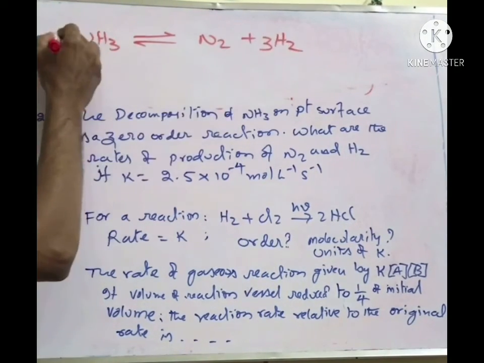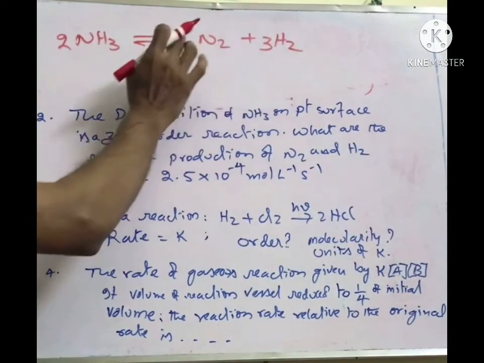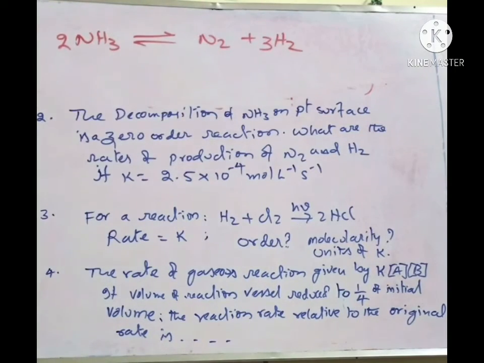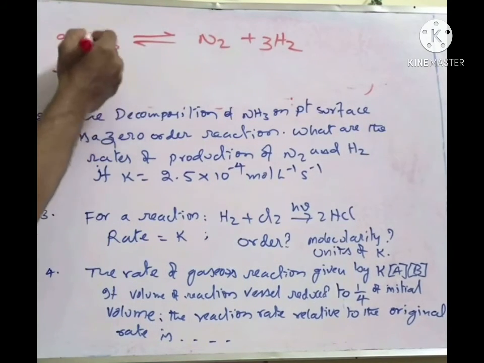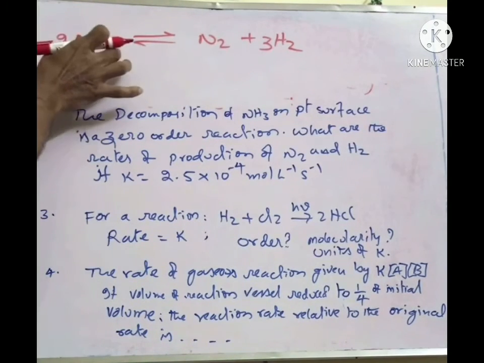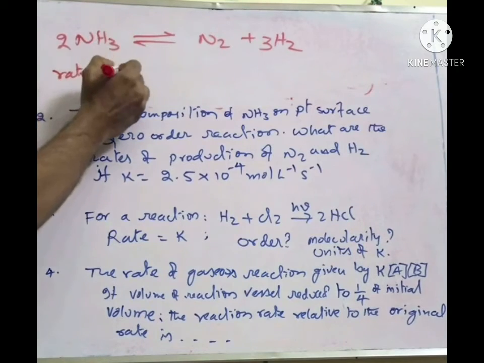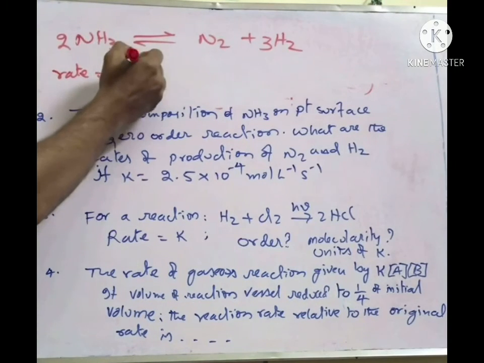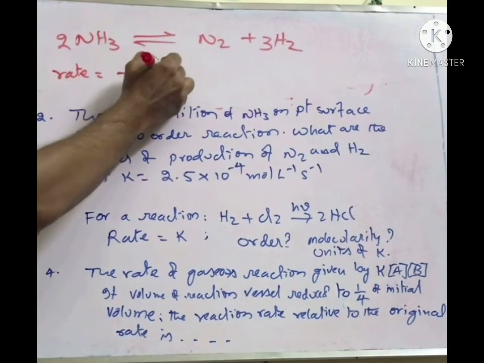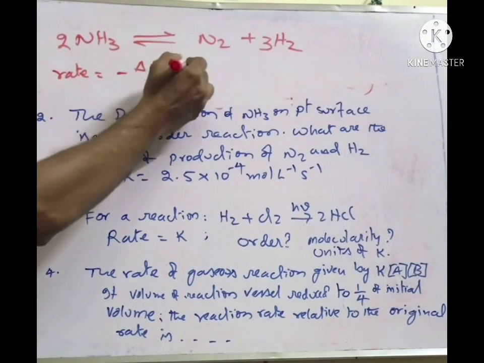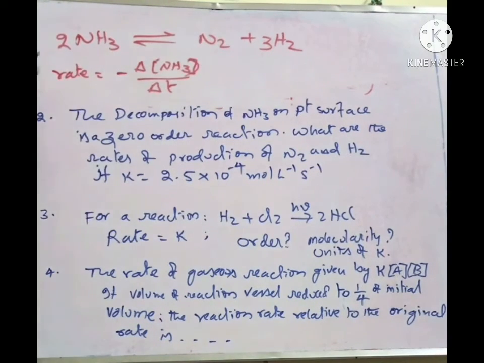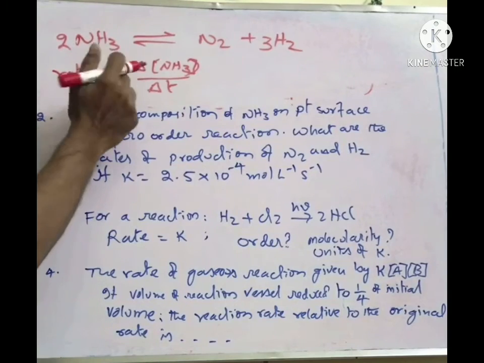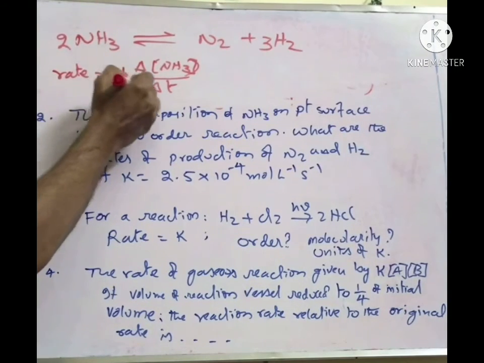Now ammonia decomposition: NH3 gives rise to N2 plus H2. Here you can balance this: 2NH3 gives N2 and 3H2. In this reaction, first we will write the rate of the reaction. That is the change in concentration of ammonia, negative delta concentration of ammonia with delta time. Since the coefficient is 2, we have to write 1 by 2.